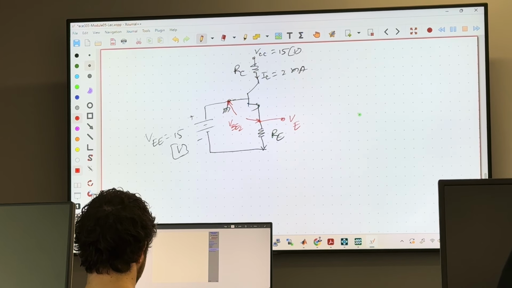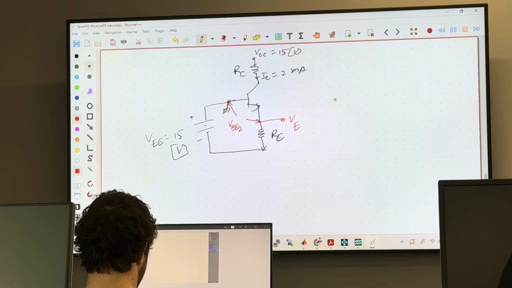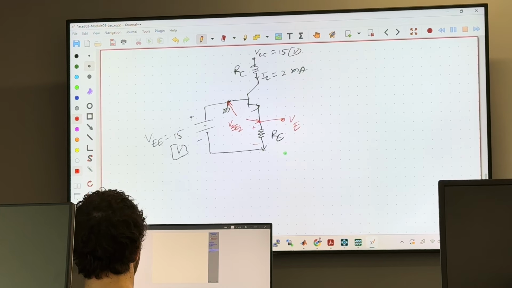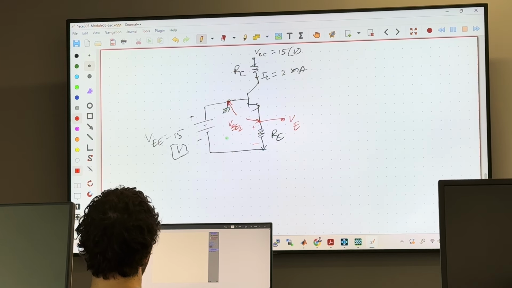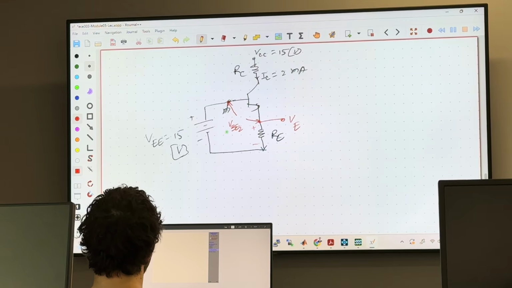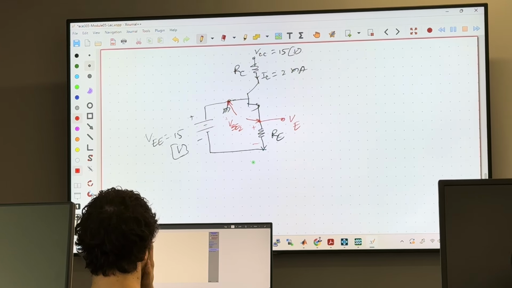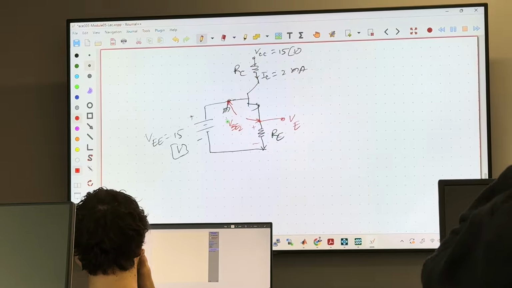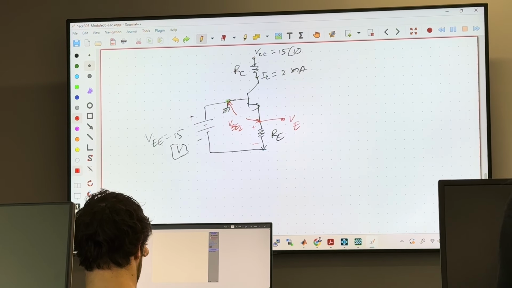So VE, okay, use your scale here, guys. So you have positive, so this is ground.